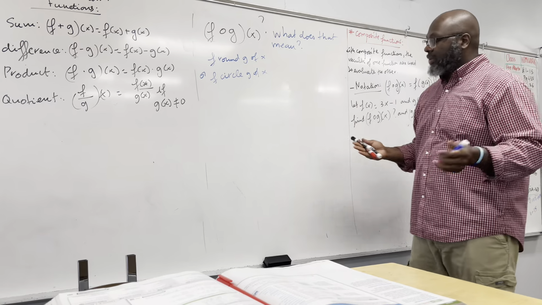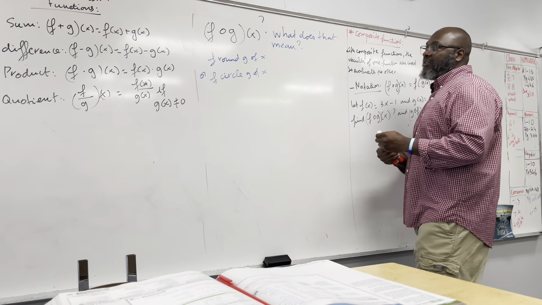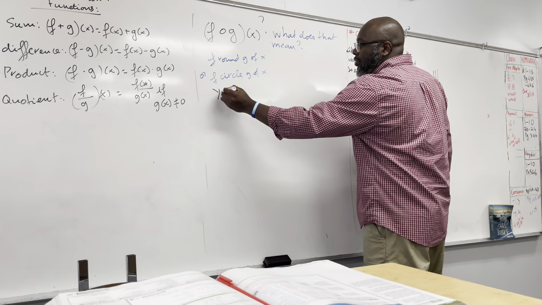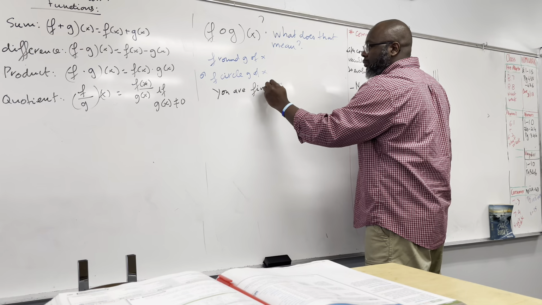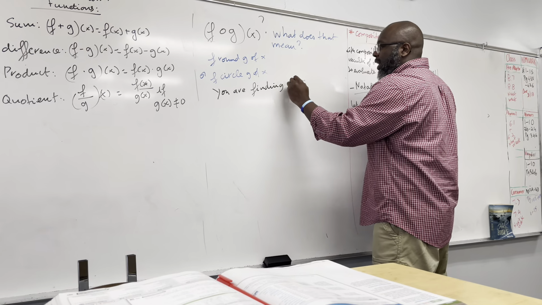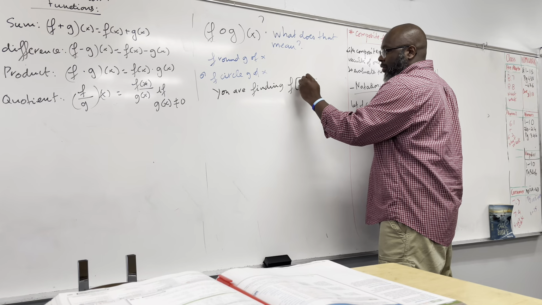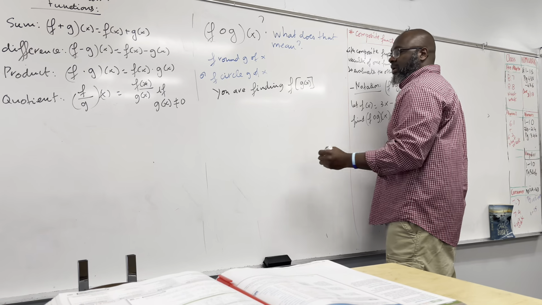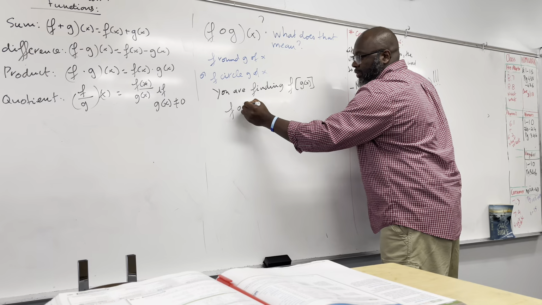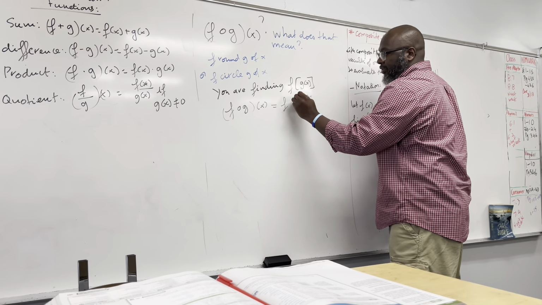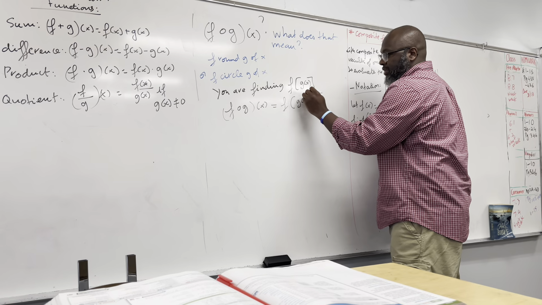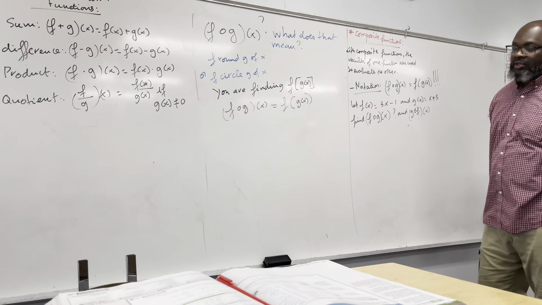It means something: you are finding f of g of x. So f round g of x is the equivalent of finding f of g of x, and I will explain that now.